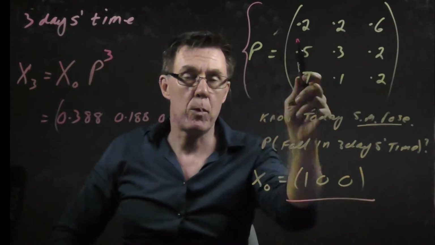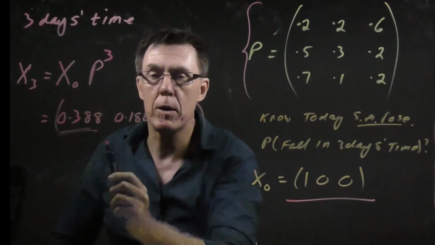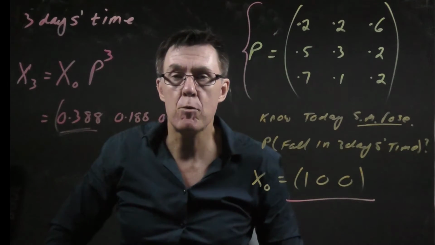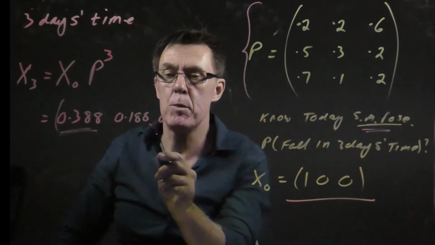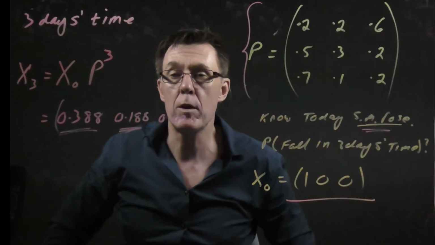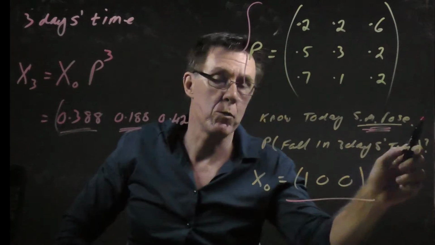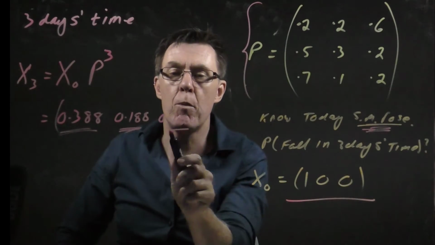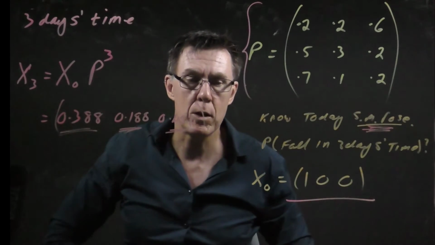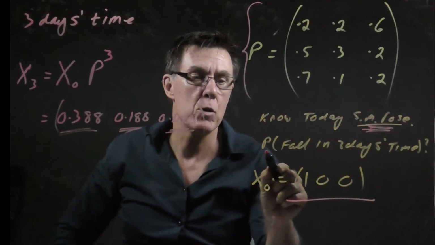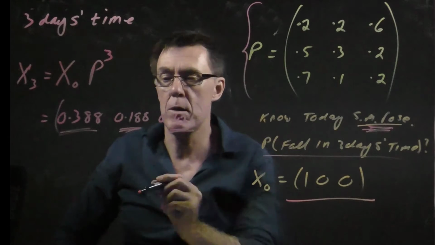So once again, with the setup that we had before, this would be the probability of there being a rise in 3 days' time if we knew that it was rising today. This would be the probability of no change in 3 days' time if we knew that it was rising today. And this would be the probability of a fall in 3 days' time if we knew that it was a rise today. So of course, our question is, what's the probability of a fall in 3 days' time?